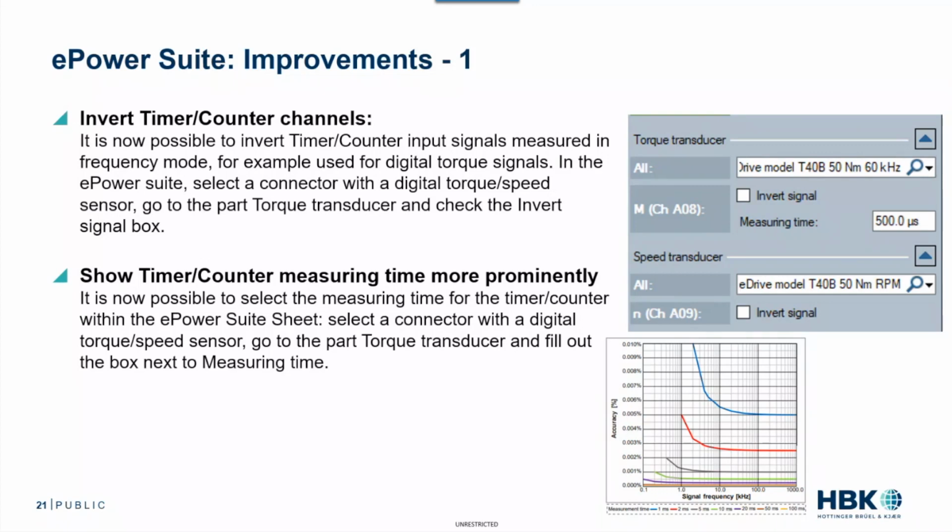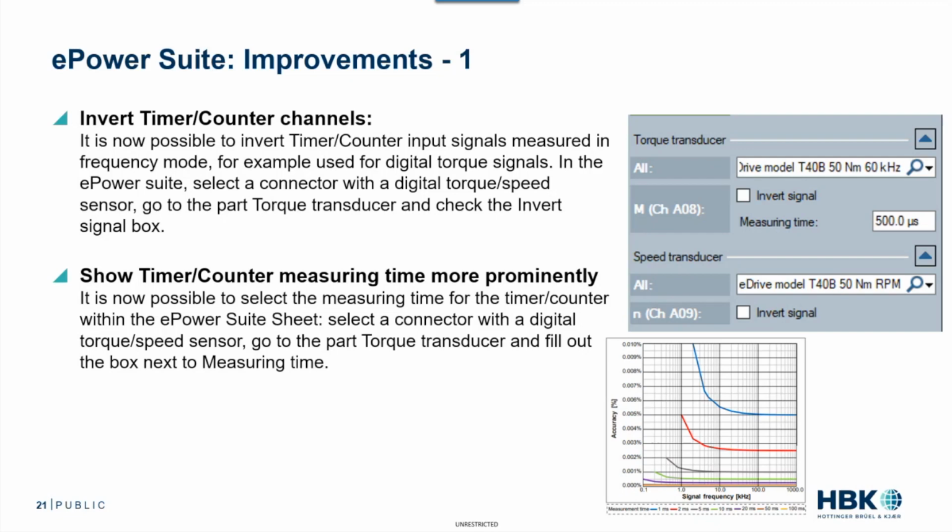So the way the timer counter channel functions is we measure that pulse train for the measuring time, in this case 500 microseconds. We calculate the frequency, and then we convert that frequency into torque based on that linear relationship.